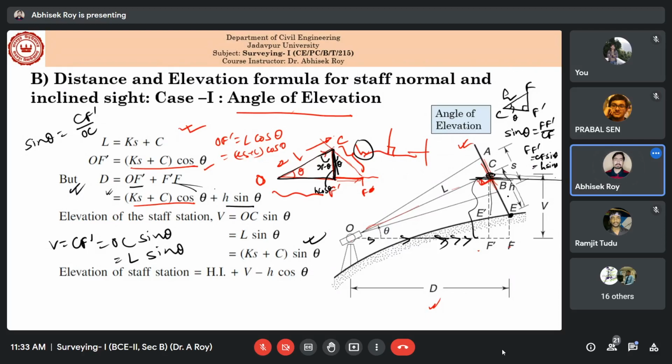From this point, if you deduct this, here I am writing instead of E, I have written F, whatever the reason. If you deduct this height, then you will get this actual height, right? So for that reason, you are deducting H cos theta. So in this way, we will calculate the elevation of the station point.